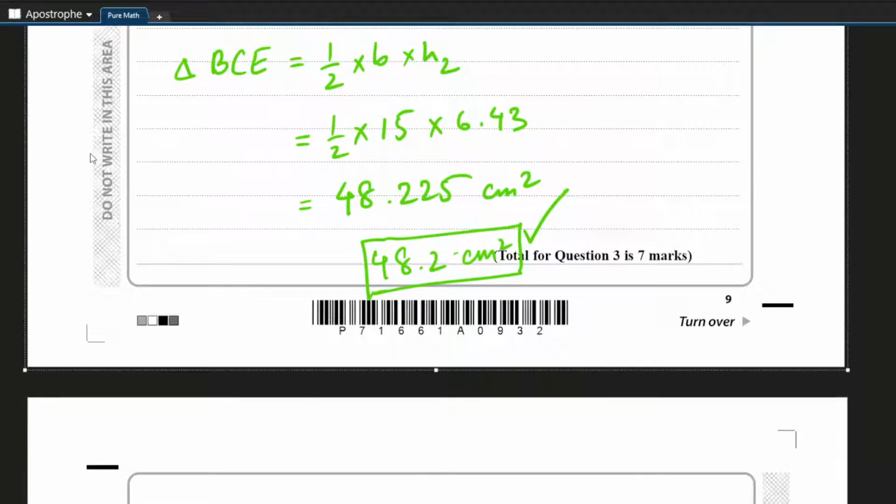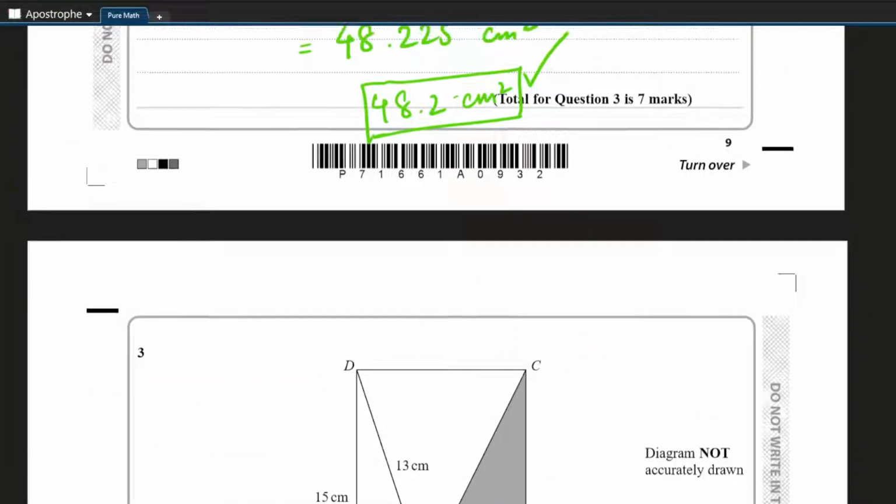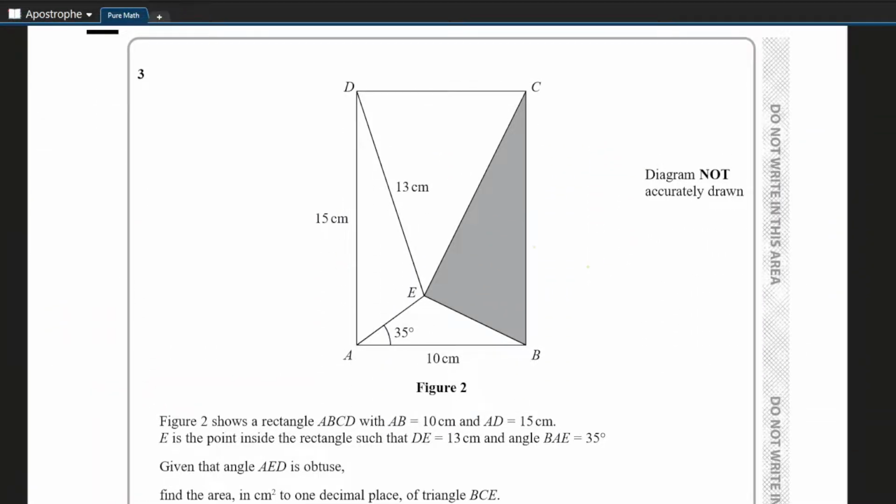Sorry for making the solution too long. So this side is 15, that means this side is 10, this angle is 55. Now we just have to find this side and this angle.